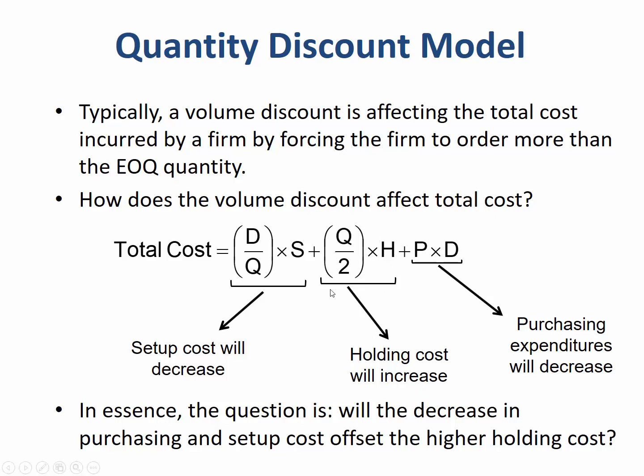And finally, your setup costs are going to decrease because if you order in larger amounts, then you don't need to order as often, and therefore the cost of generating those purchases is going to go down. So overall, what we're trying to determine is whether the decrease in setup costs and purchasing costs is going to make up for the increase in holding costs. That's the goal here. But in any case, we need to consider all three costs, not only the two that we had before.